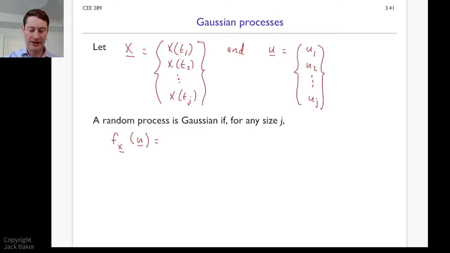is 1 divided by 2 pi to the power j over 2 times the determinant of a covariance matrix that we'll define in just a second, times e.